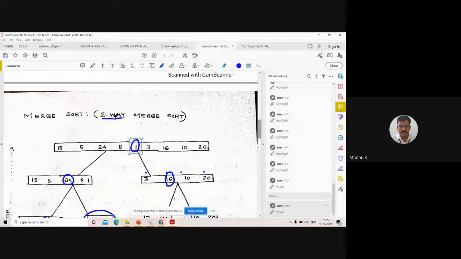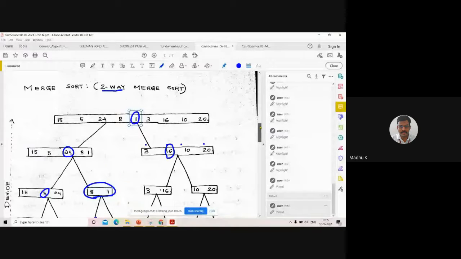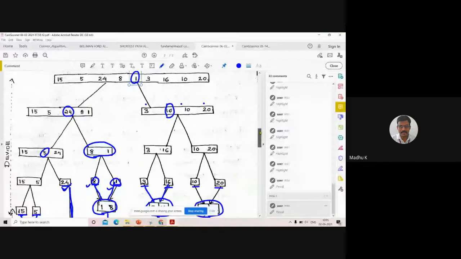So this is called two-way merge sort, because in the first pass what we will do, we will divide the problem into small problems. You can observe here, this is the actual problem.